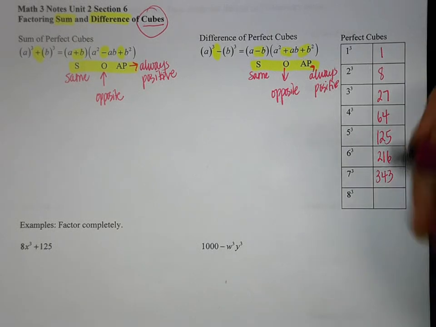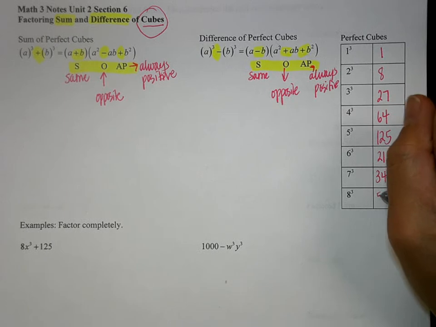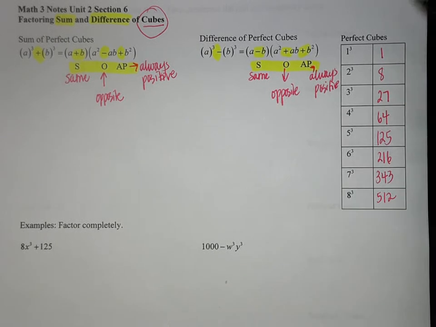And 8 cubed is 512. And so we'll be referencing this as we are factoring. And so make sure you have those written down.